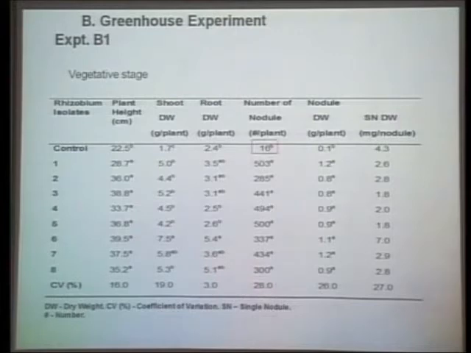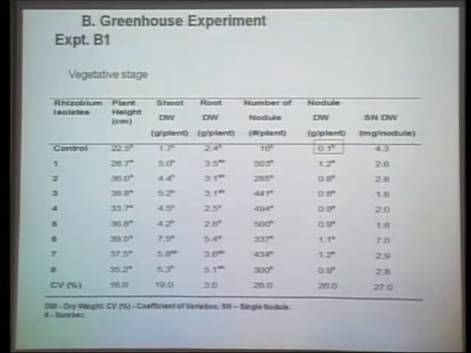And then number of nodules shows a high significance among the isolates and the control. Statistically, as you can see, among the isolates, they are all the same, but isolate 1 contributed the highest, followed by isolate 5, and then isolate 4. But like I said, they are all similar statistically.